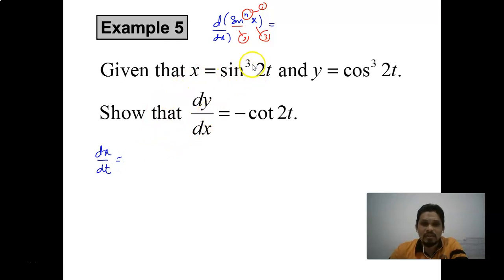So in this question, dx/dt: differentiate the power of the trigonometric function, the power here is 3. So 3 sine squared 2t. Differentiate the power 3, and 3 minus 1 equals 2.